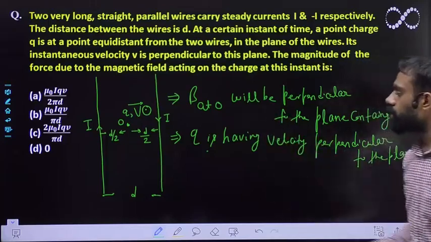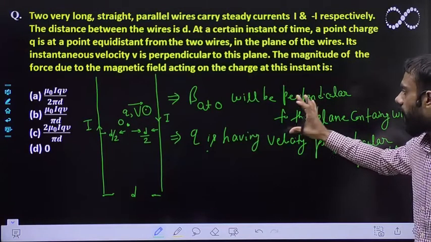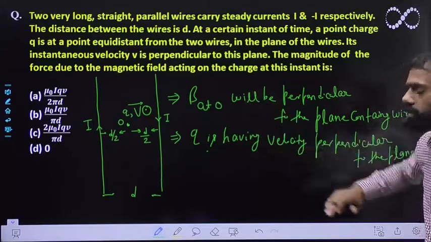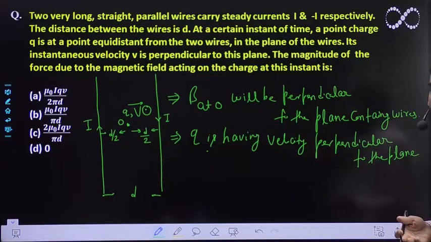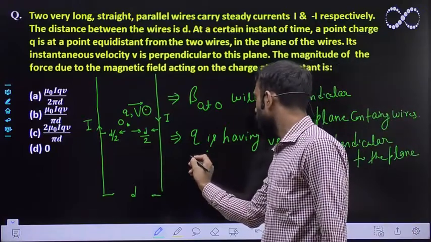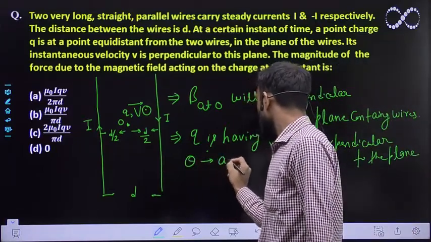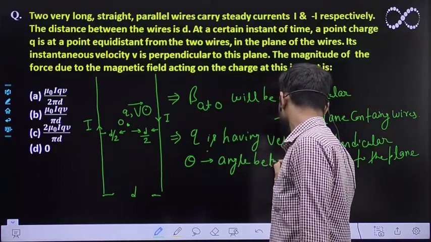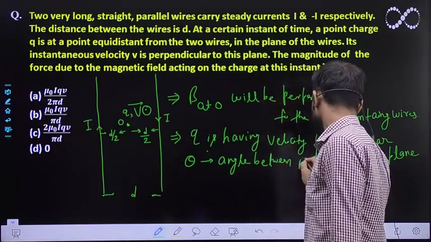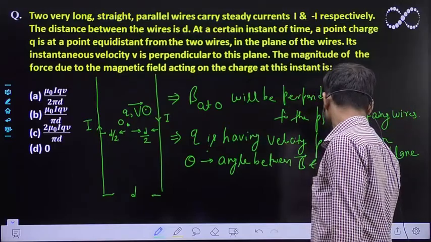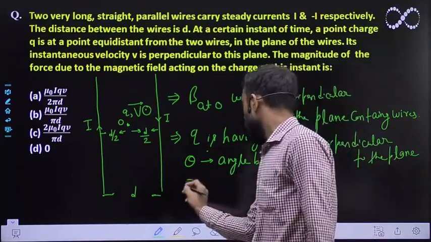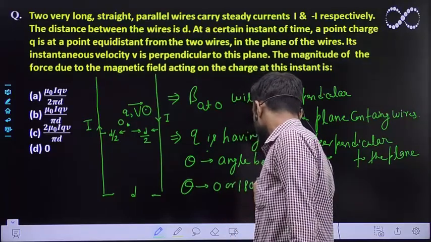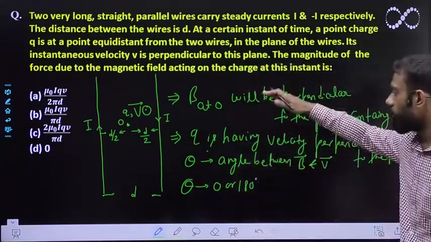So from these two statements I can easily see that the angle between the magnetic field vector and the velocity vector will be either 0 or 180 degrees. If theta is the angle between the B vector and the V vector, then theta will be either 0 or 180 degrees. This I conclude from these two statements.